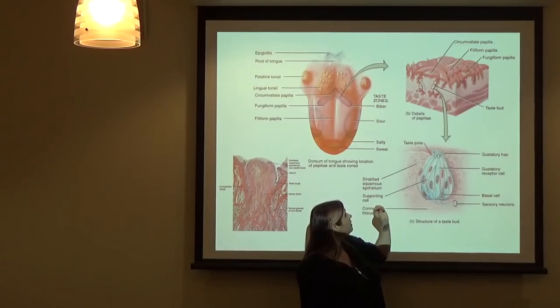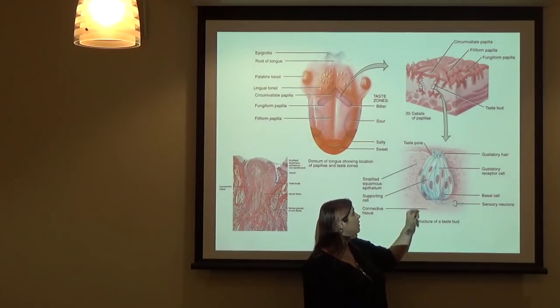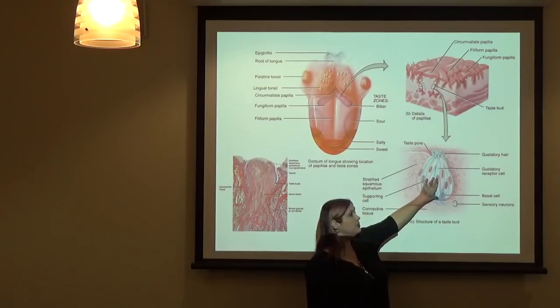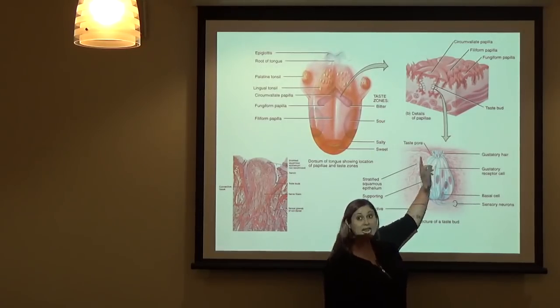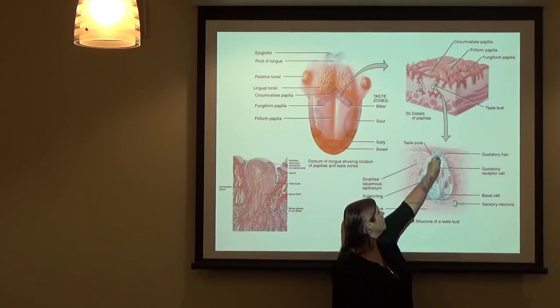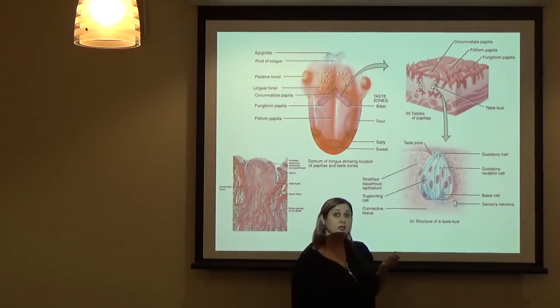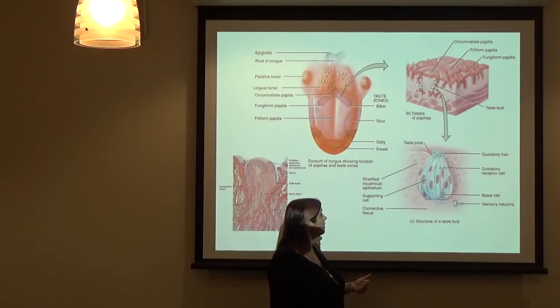And so when a chemical comes into your mouth, let's say it's a lemon, and so it's sour, okay? You taste the lemon and it's sour. If the taste receptor cell is one for sour, the tastant, the sour chemical, the chemical that creates sour, will bind up here at the top of the cells, the gustatory receptor cells, or the taste receptor cells, okay?